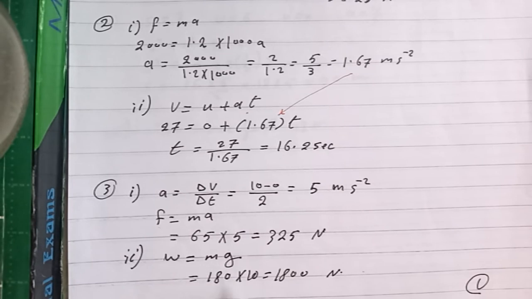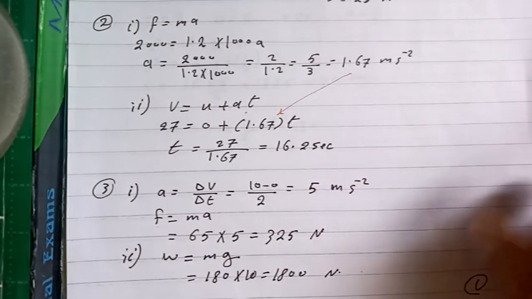The weight equals mg. 180 kilograms times the gravity, which is 10, so the force needed is 1800 Newtons. So it is greater than 325. These are the first three questions.